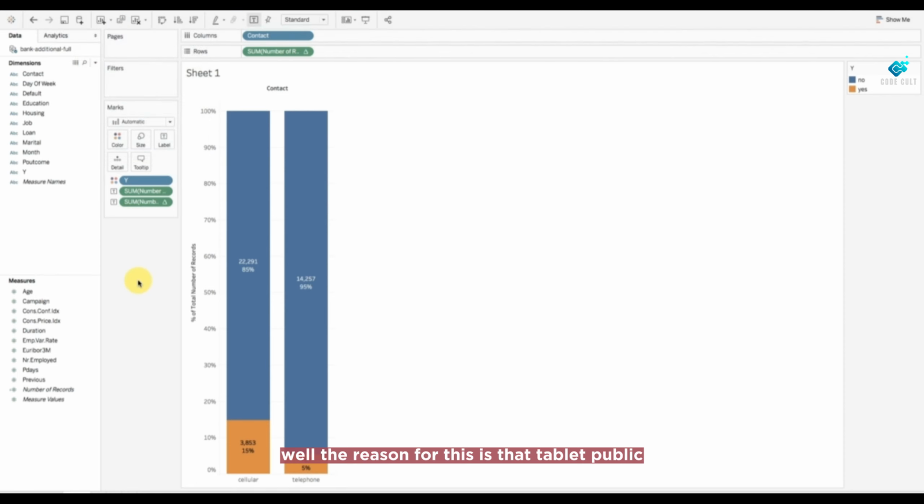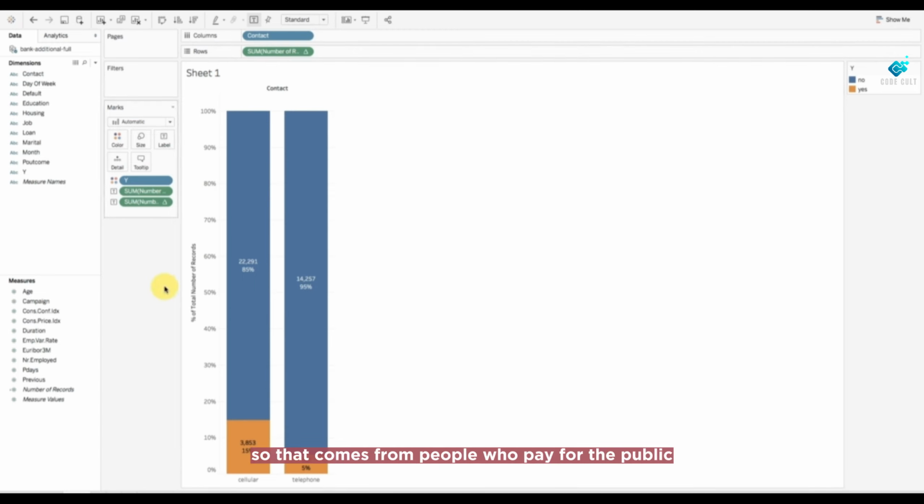Well, the reason for this is that Tableau Public is a free version of the software, and it comes with certain limitations. And one of those limitations is that you cannot save the file to your desktop. You cannot save your work on your own computer. And that's fair enough because it's an amazing software and they obviously need to somehow fund their research and development in order to progress.